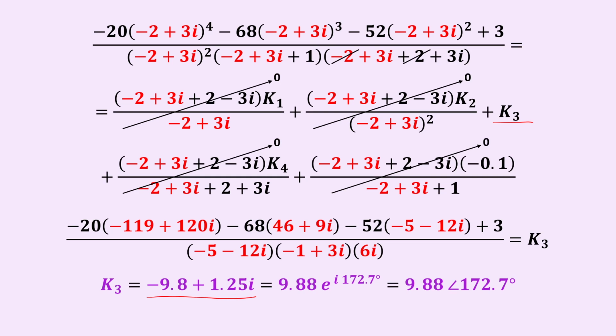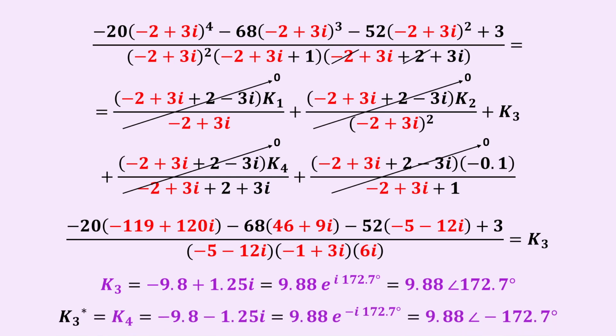We can also write this complex number in polar form, where 9.8 is its modulus and e raised to the power iota theta, with 172.7 degrees as its argument theta, and we can also write it in this notation. Once K3 is known, K4 is also known, which is the complex conjugate of K3, and it turns out to be minus 9.8 minus 1.25 iota.